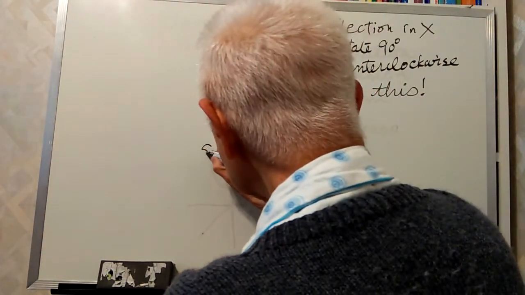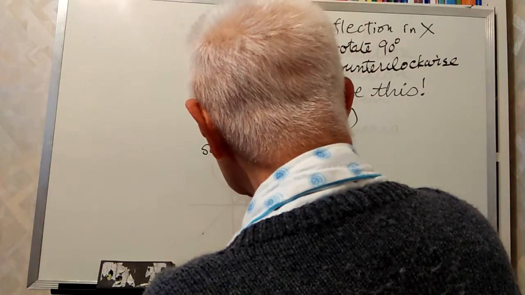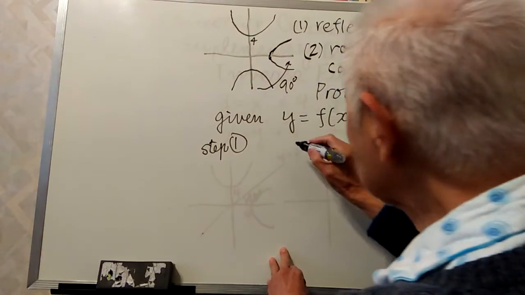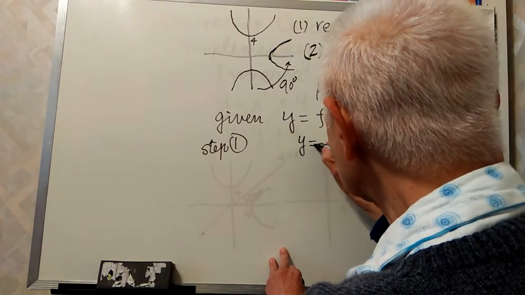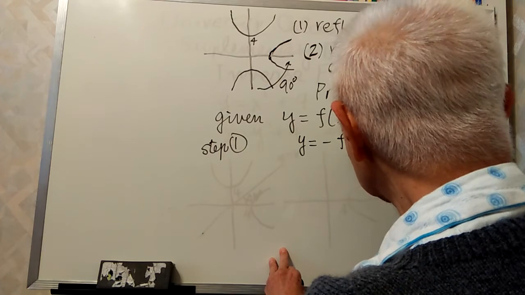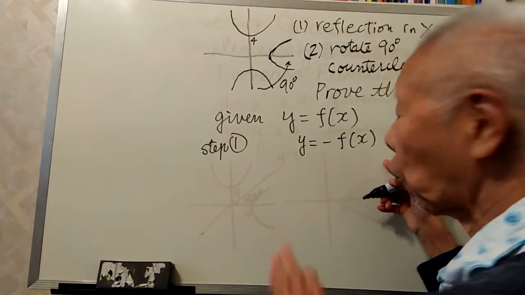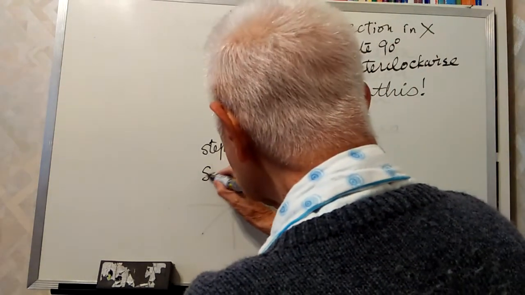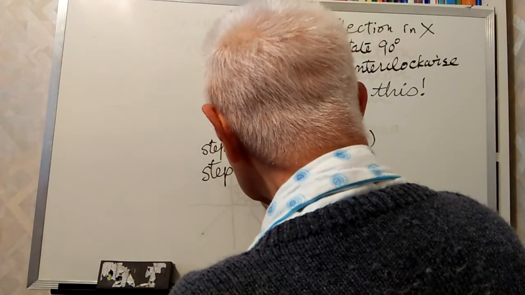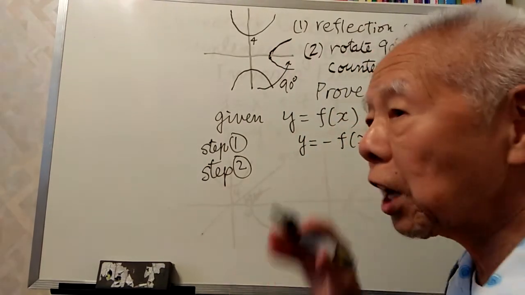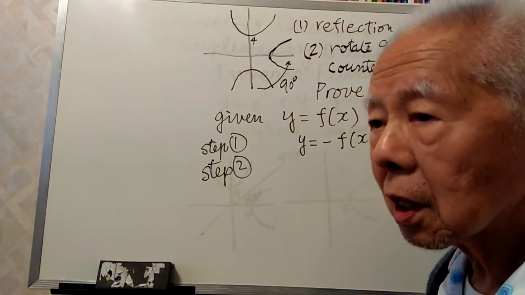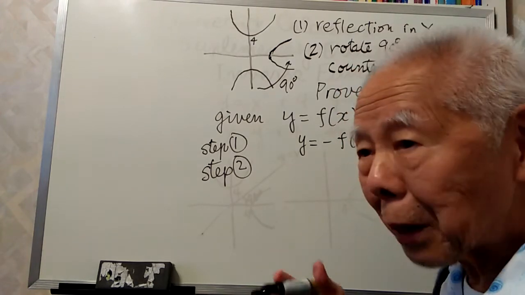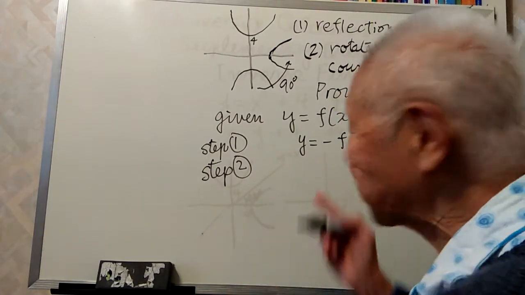So step 1, you do a reflection in x-axis. Step 2, you do a rotation 90 degrees counterclockwise. Then, mathematically, how do we write this?